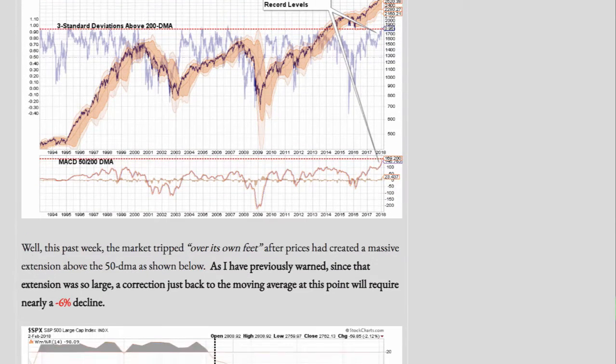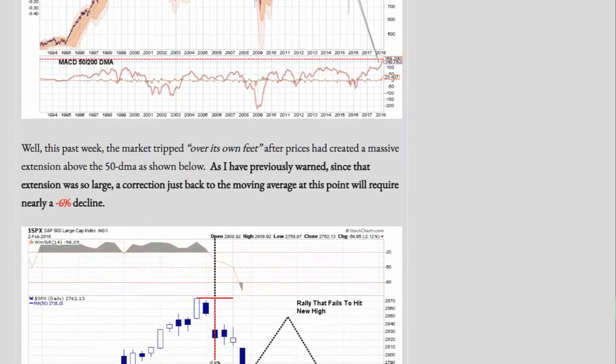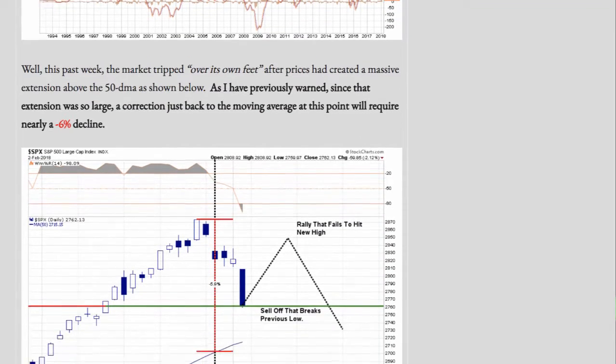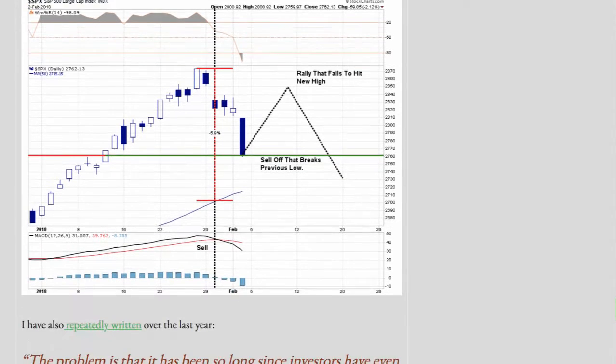Well, this past week, the market tripped over its own feet after prices had created a massive extension above the 50 DMA as shown below. As I have previously warned, since that extension was so large, a correction just back to the moving average at this point will require a nearly 6% decline.